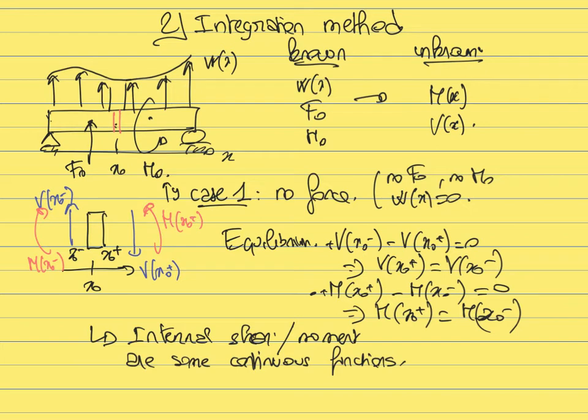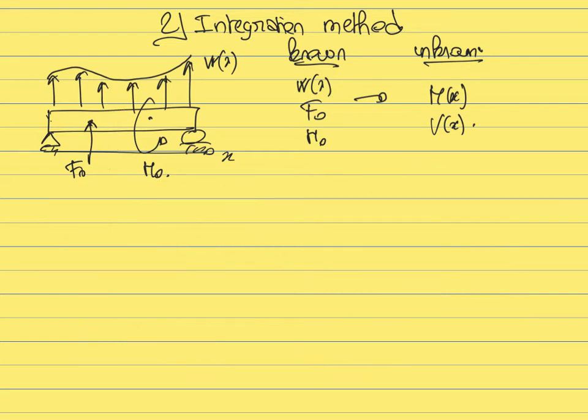We will see next the case where there is a concentrated force and where there is a concentrated moment. But the first thing we can write is that if at a given position no forces and no moments are applied, then the internal shear and the internal moment will be continuous functions, which means that the shear on the left will be equal to the shear on the right, and the moment on the left will be equal to the moment on the right.